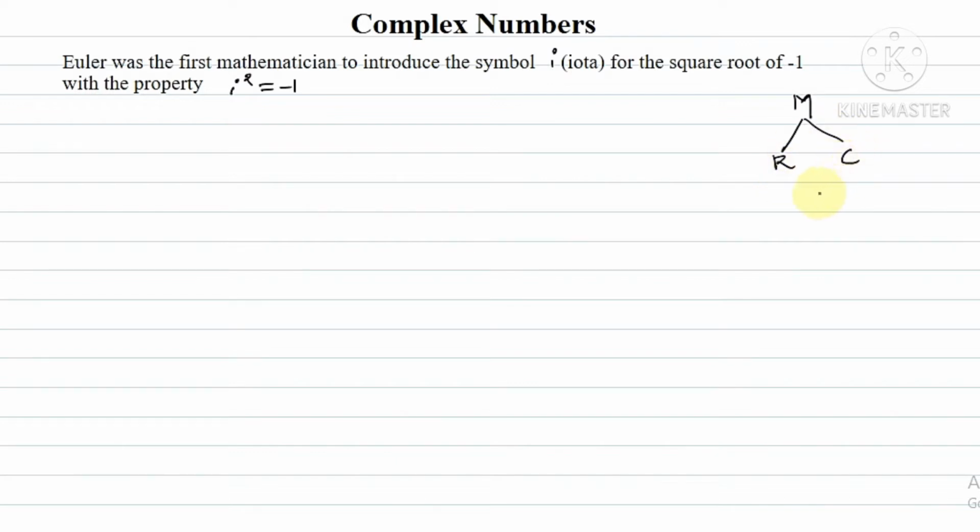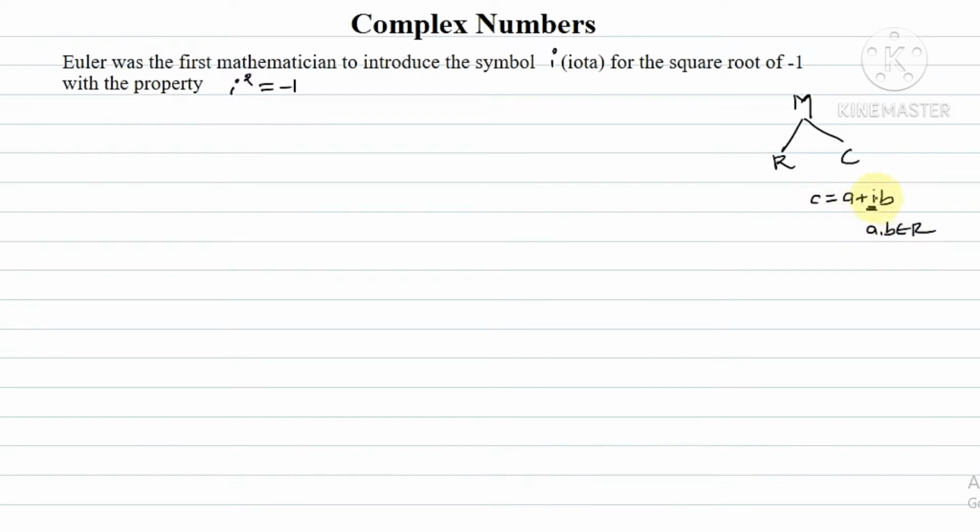Whereas complex numbers are a special category denoted by capital C, of the form a plus iota b, where a, b are real numbers.